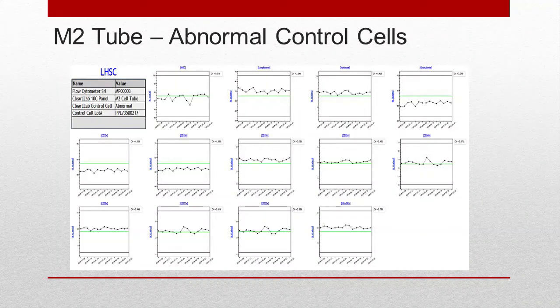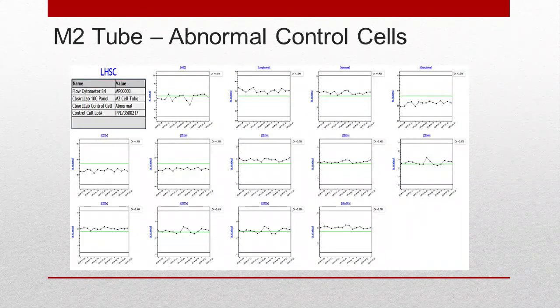Having a control material, which is one of the advantages of the 10-color system, means that there are control cells available with defined assay ranges. You can see an example here of the myeloid tube stained with the control cells. This is a Levey-Jennings plot, and it shows all the different parameters that are analyzed with the quality control package.